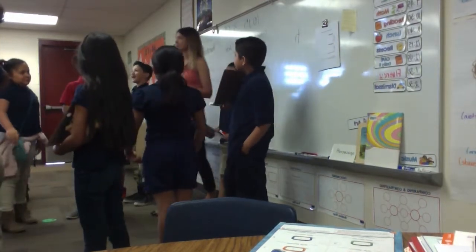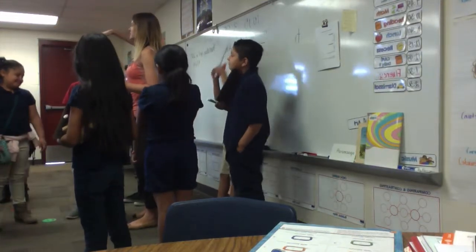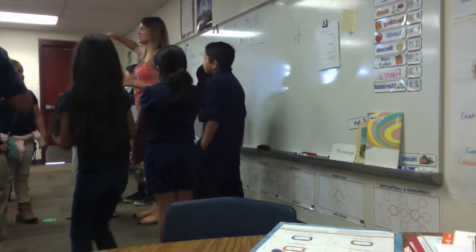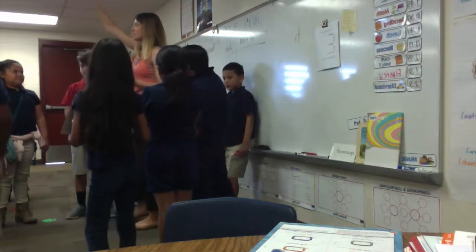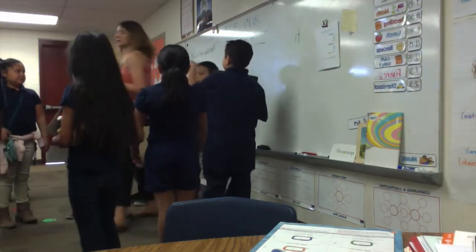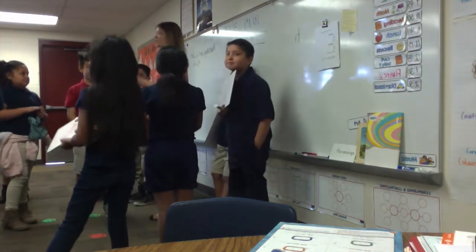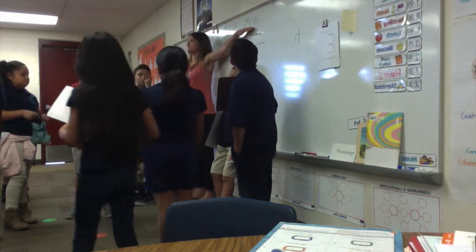Brianna's going to be our hour hand, and Jimmy is going to be our minute hand. So which one is Jimmy, the short or the long? The long. Which one is Brianna? Short. Okay, so we are going to do 10:15 this time.